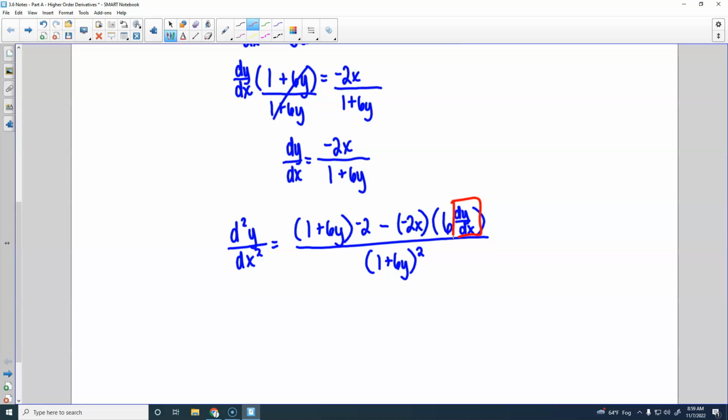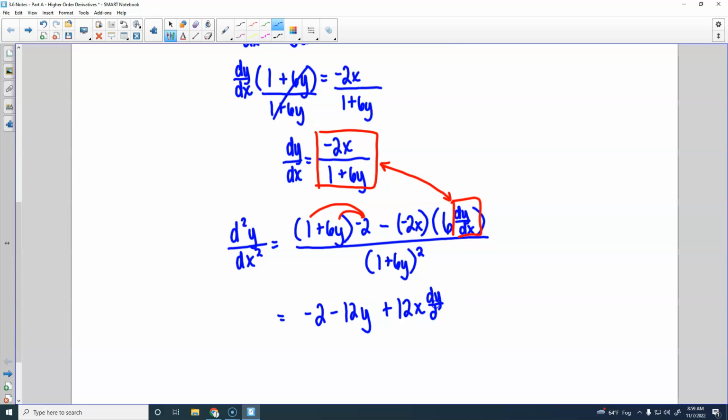So because we've got this dy dx here, we can replace it with the first derivative that we just found. However, I am going to clean this up a little bit first before I replace it. If I distribute here, I will get negative 2 minus 12y plus 12x dy dx over 1 plus 6y squared.